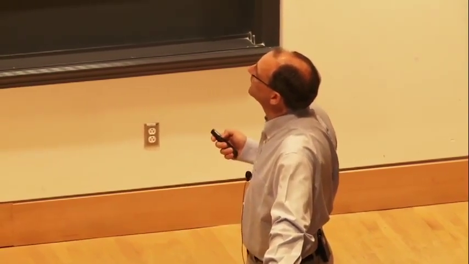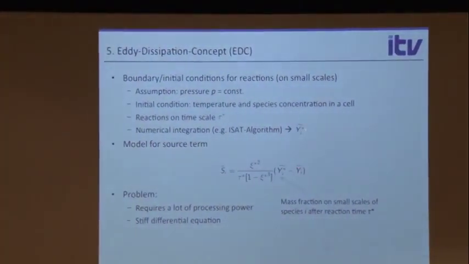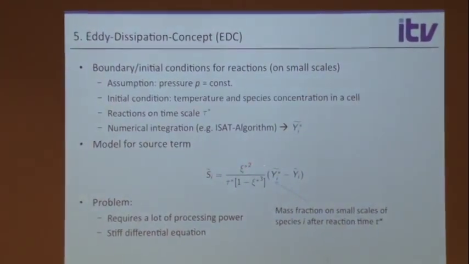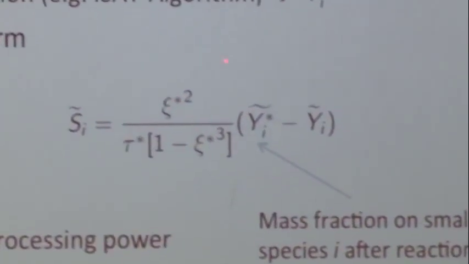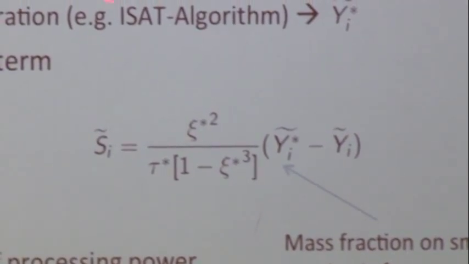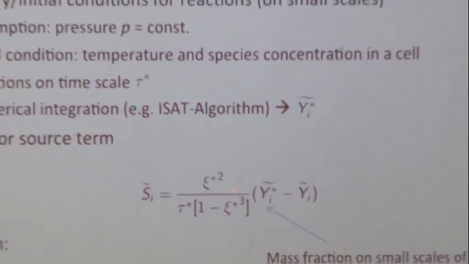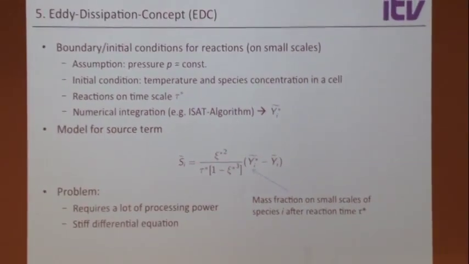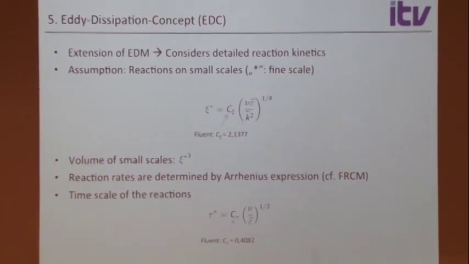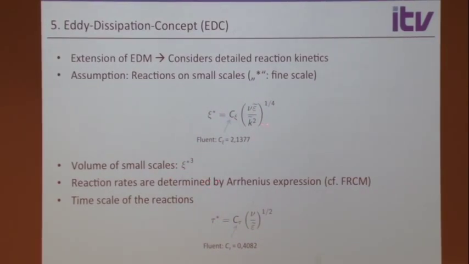So another one is this eddy dissipation concept that now also tries to bring in the chemistry, but also some mixing time scale. It's also a little empirical. You have this xi value, which should give you the volume of the small scales.